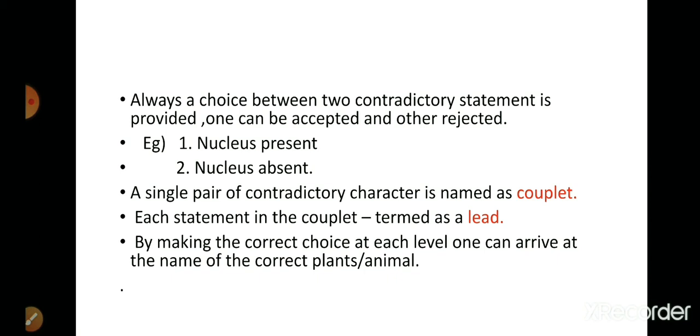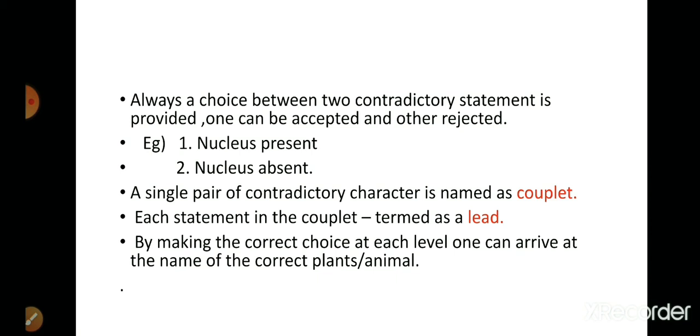Whatever unknown organism or unknown cell we find, we just look in that cell and see whether the nucleus is present or not. If it has a nucleus, you click on nucleus present and then start the next point, that is the identification key series. On the basis of this taxonomic key we can easily identify their morphology and their characters.